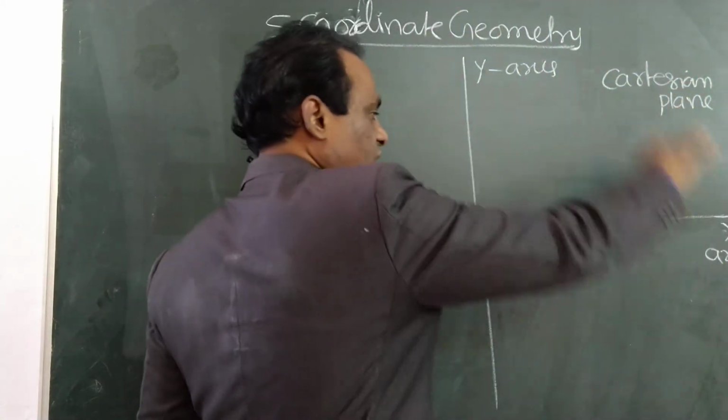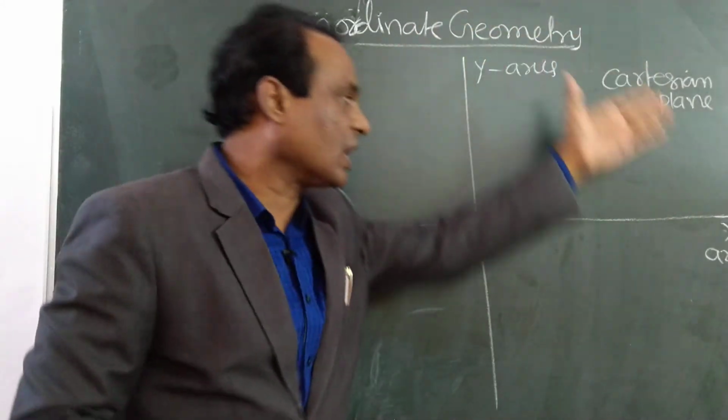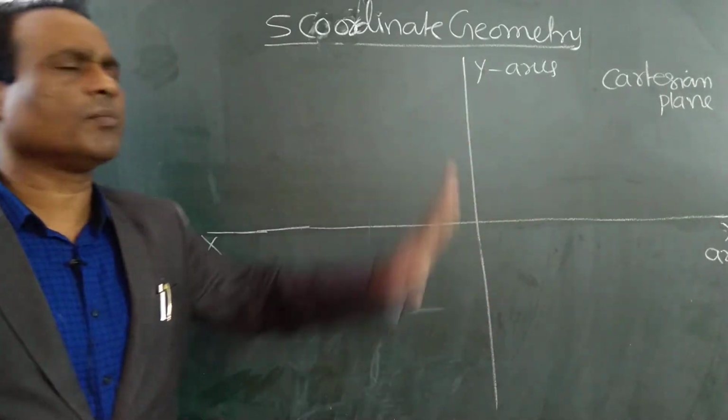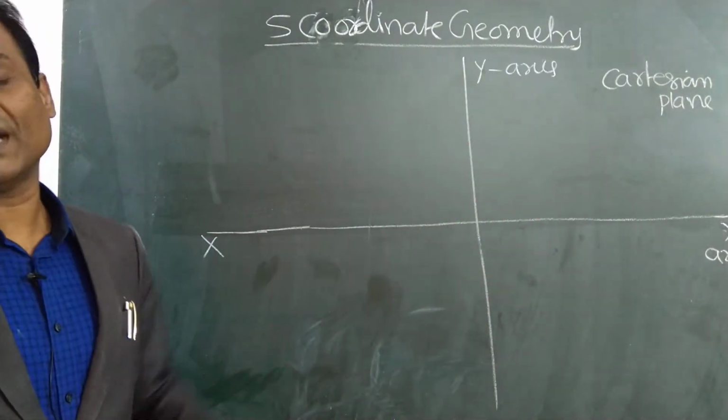The plane in which we take these two axes is called the Cartesian plane. That is the name of one mathematician.